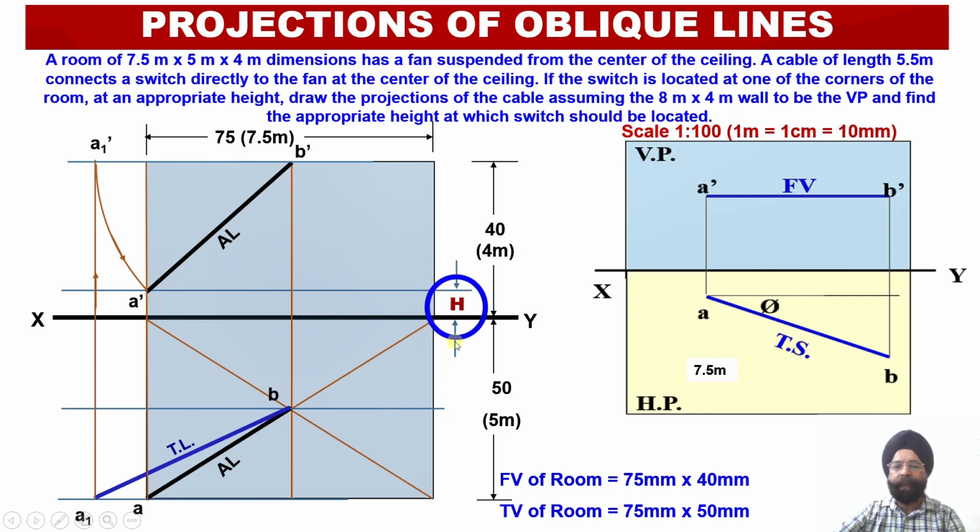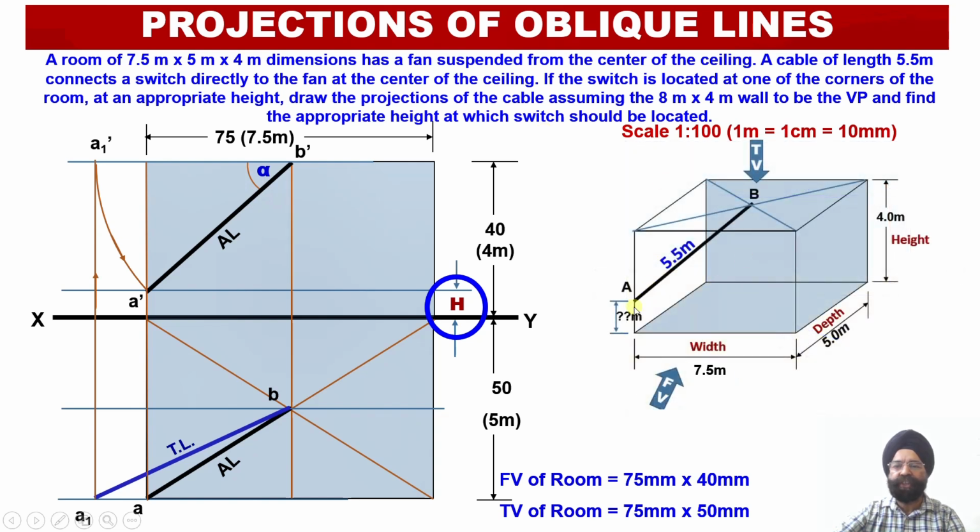So once I measure this distance, I am able to evaluate the appropriate height at which this switch should be located. You can check, this is the height at which the switch should be located such that the true length of this distance should be equal to 5.5 meter.